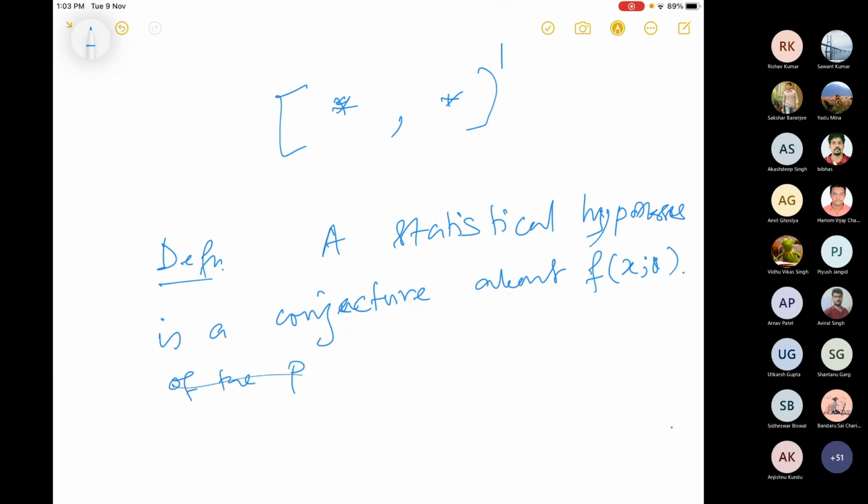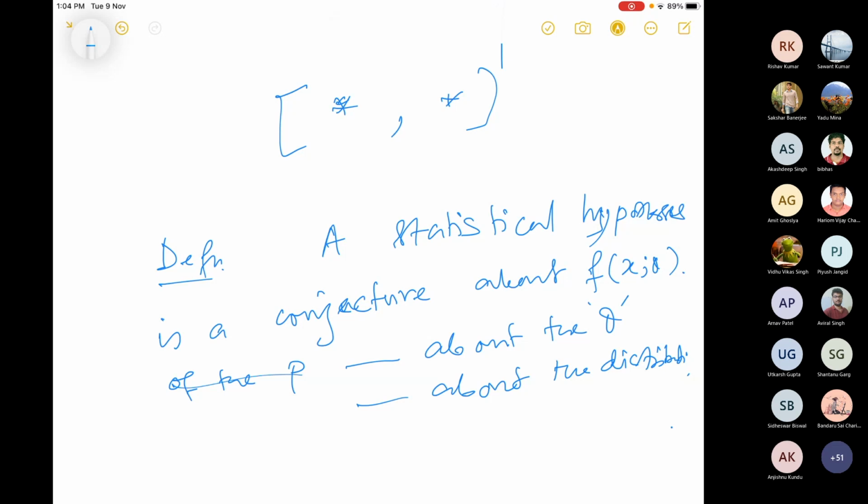The conjecture is usually about the parameter theta if we are dealing with parametric statistics. Otherwise, it is about the form of the distribution. So there are two kinds of statistical hypotheses: about the values of theta, and about the distribution itself, whether it is true or not.